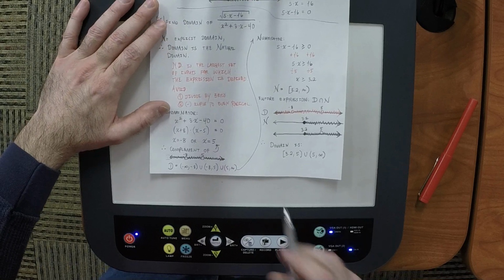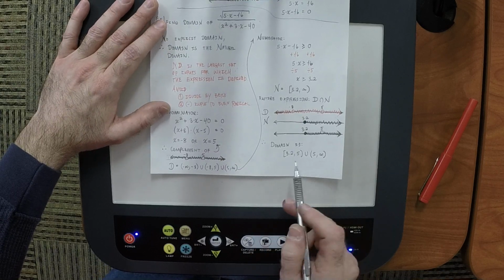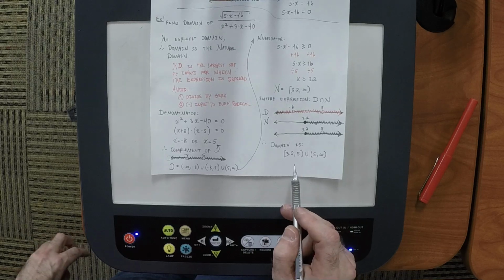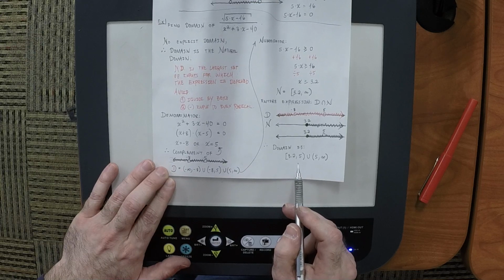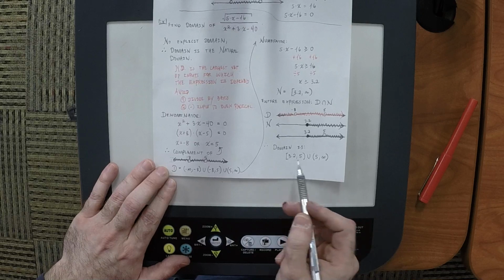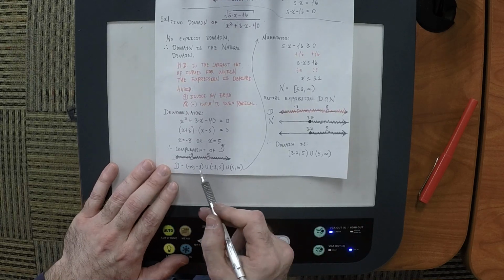Finally, notice that this final answer does not include -8. Why not? Right, -8's not included in this set, but I had to write it down.